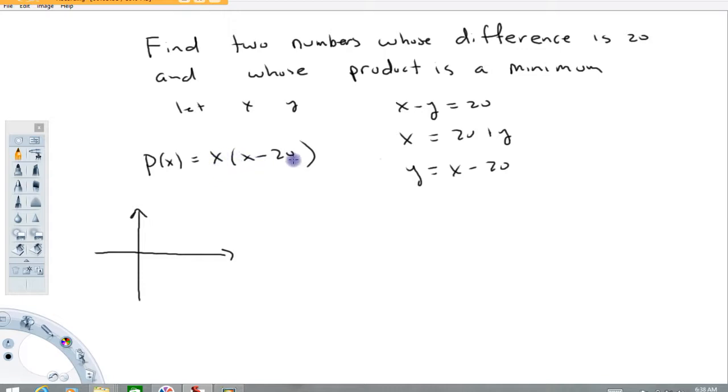And the zeros I can see right here are 0 and 20. So this is likely going to look something like this, because I know that it opens up. Then the minimum value is going to occur here. We'll start looking for that value now. Now let's take this and distribute.